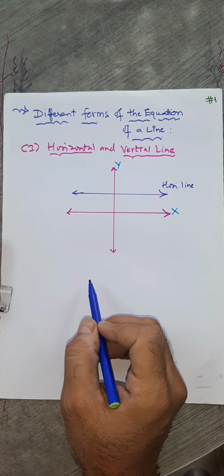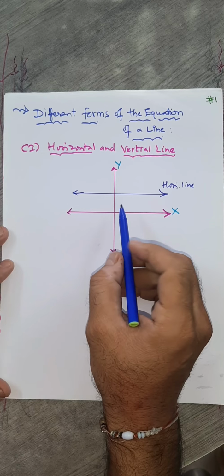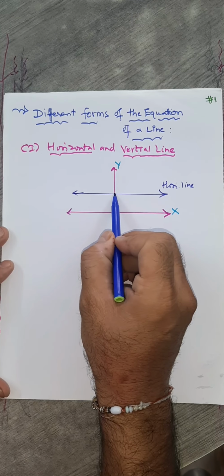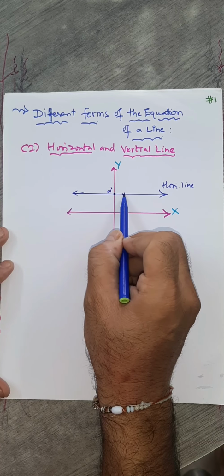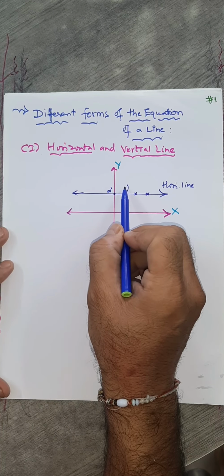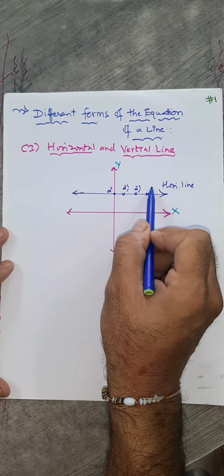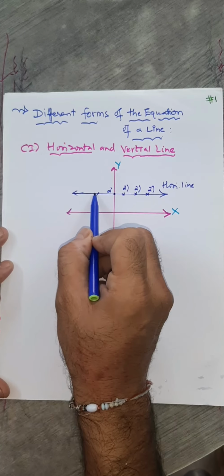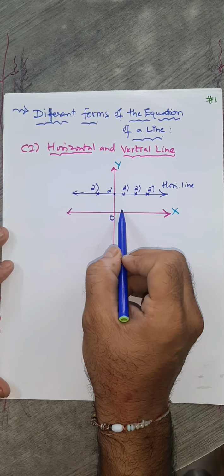Now when it passes through one fixed point and is parallel to x-axis, suppose the fixed point here is 2. Then if I pick any point on this horizontal line, everywhere the y coordinate will be 2. The x coordinate depends upon the position.